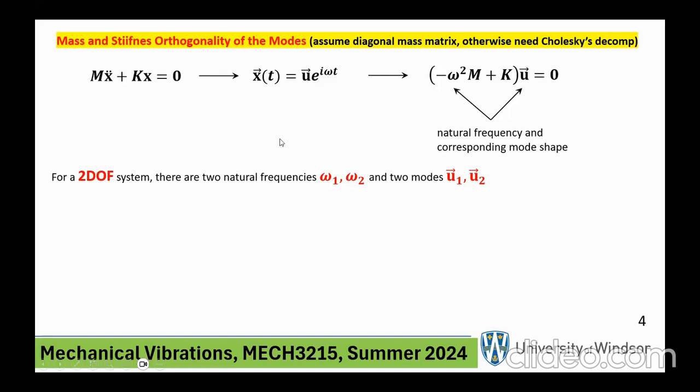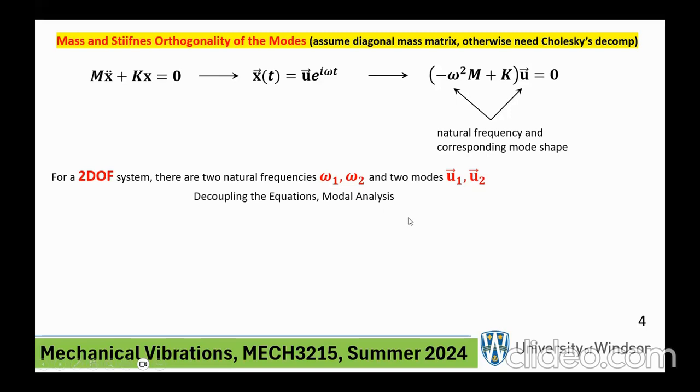So let's assume that we have a two-degree-of-freedom system for simplicity, and therefore there are two natural frequencies, omega 1 and omega 2, and two mode shapes. So this u1 goes with omega 1, and this u2 goes with omega 2.